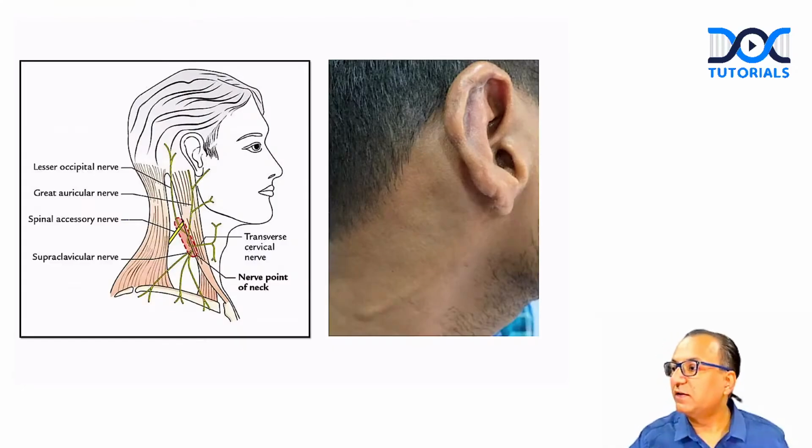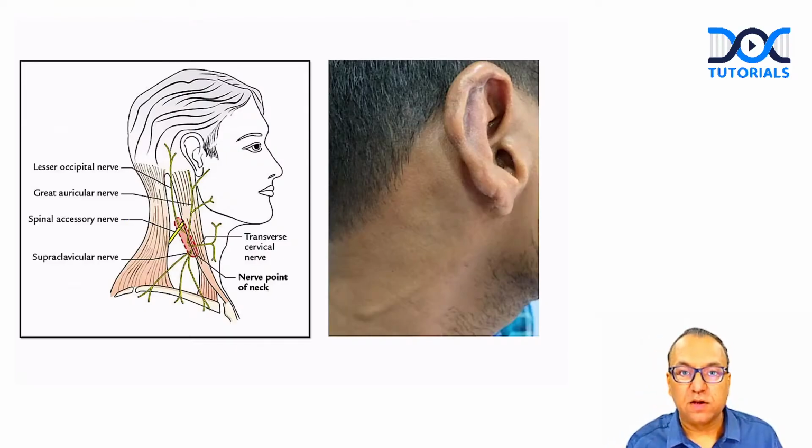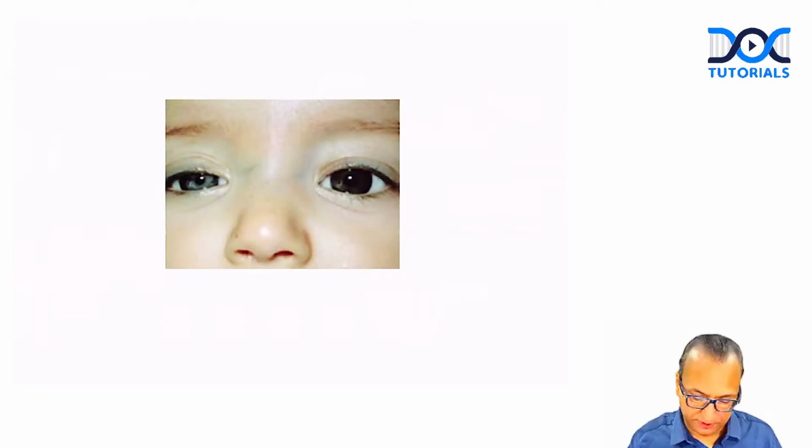Lepromatous or borderline, the great auricular nerve can be thickened. Posterior border sternomastoid. Tuberculoid, thickened, characteristic. Both they are telling. Anyway, again I have to work upon this type 1. Yeah, so it is kind of a derma plus anatomy question, you can say. There are some questions which still have to be worked.